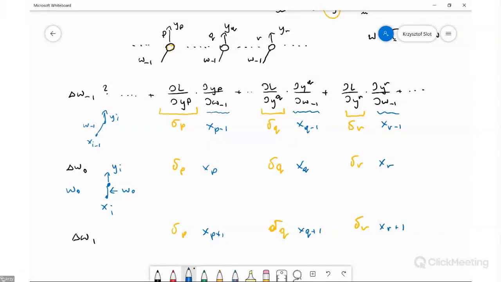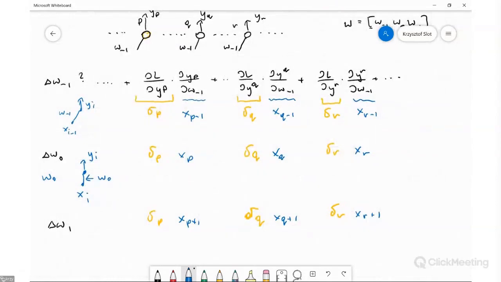So if you look at these expressions, you will see that my update will be something that is a dot product between an error vector and a vector of inputs that is shifted by 1 to the left, or the vector X that is all moved one element leftwards.